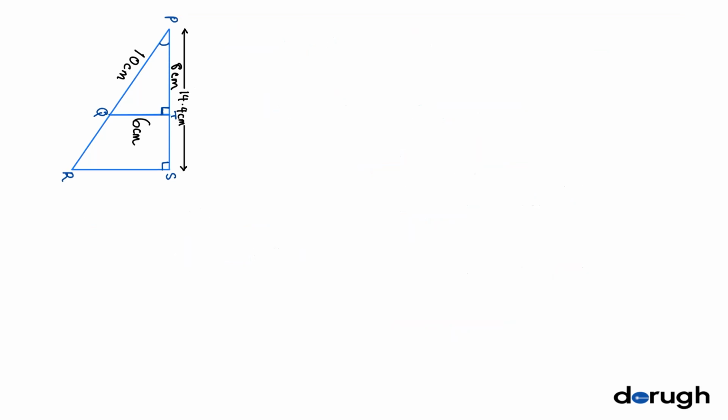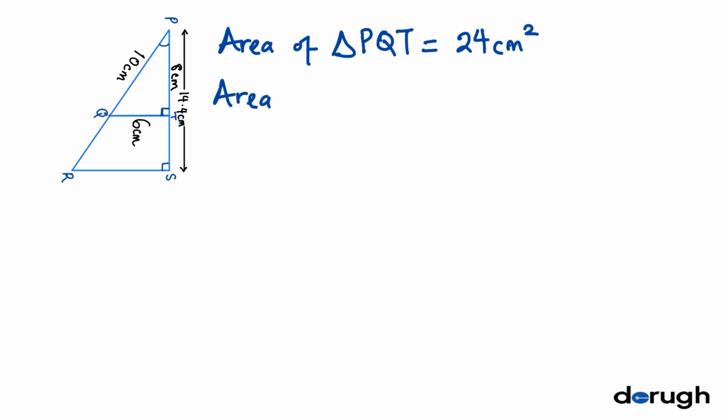Now we have that the area of triangle PQT is 24 centimeters squared, and the area of triangle PRS is 77.76 centimeters squared.